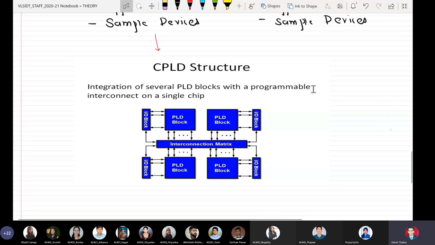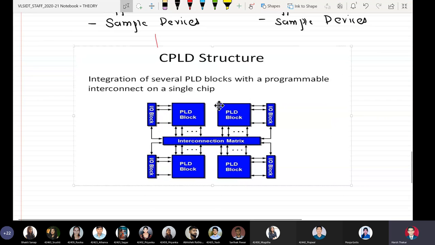So what is in front of us is called the architecture of a generic CPLD, and it is very, very simple. So we see here that there are four blocks called PLD blocks. PLD block basically means programmable logic device. Basically, more specifically, it is a PAL-like block. So many manufacturers, when they release their architecture for the CPLD, actually say that this is a PAL-like block. So whether you write a PAL-like block or PLD, it's the same.